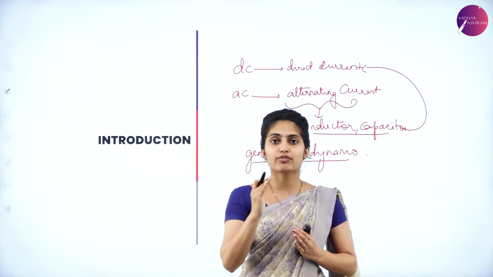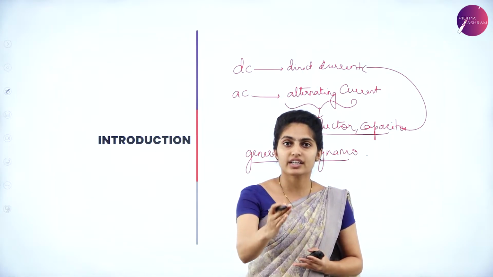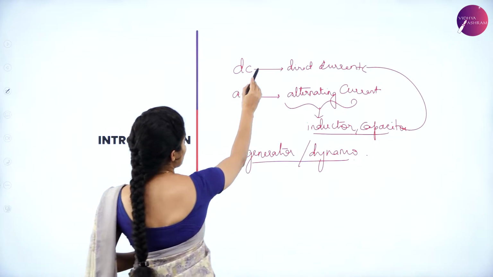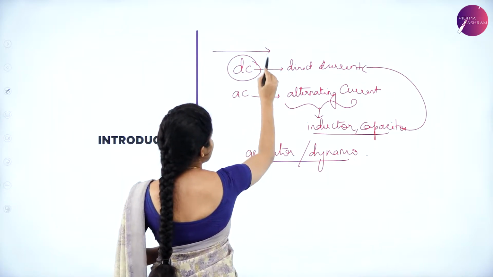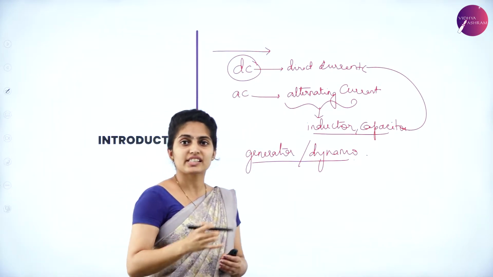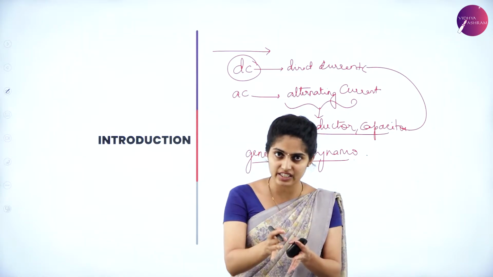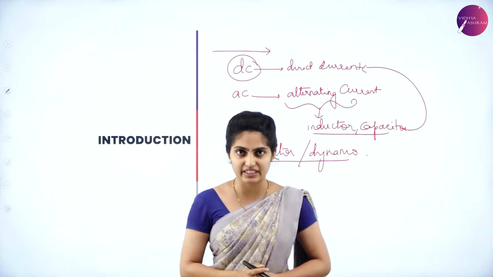That is, for every half cycle, the current changes its direction. Direct current means the direction is steady. It has a steady direction, because of which we call it a steady current.